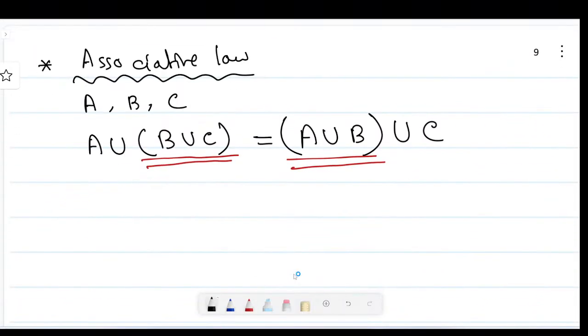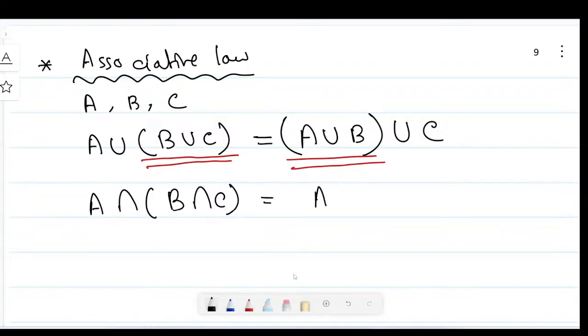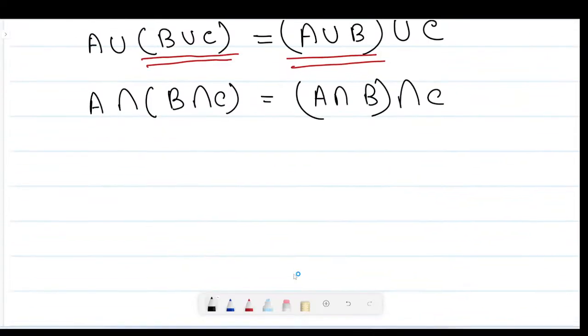And this also happens for the intersection property, just like this. So this is the associative law.